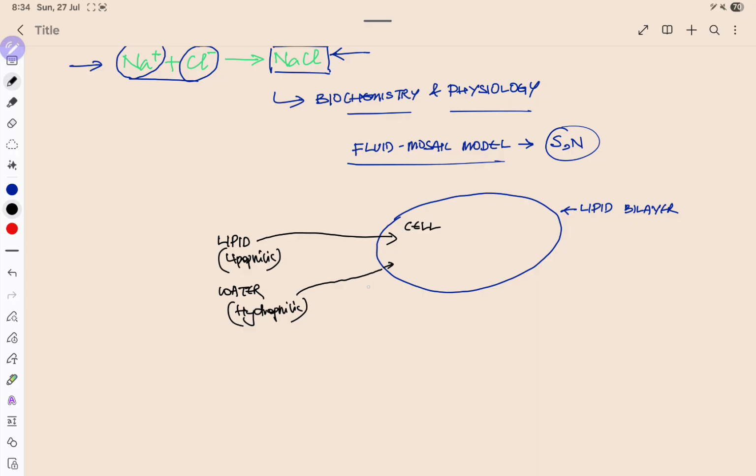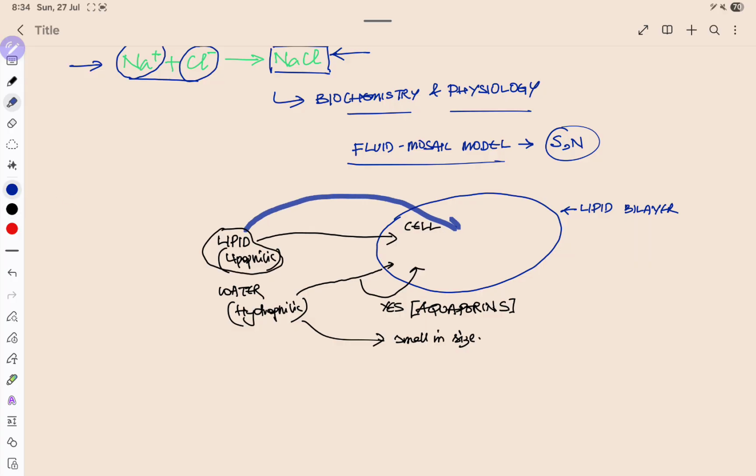So can they ever get inside the cell? The answer is yes, with the help of aquaporins. Aquaporins are small channels, provided the water-soluble substances are also small in size. So, according to their postulation and according to what actually happens, lipid-soluble substances can get easily inside a cell.